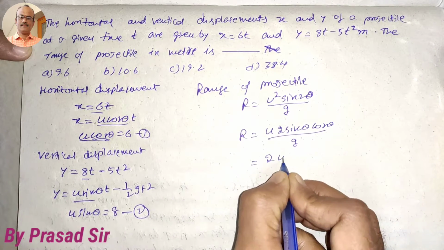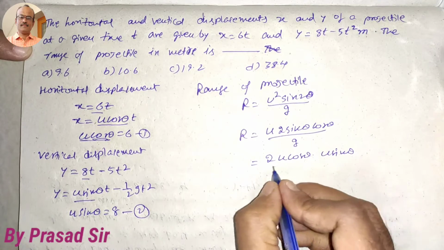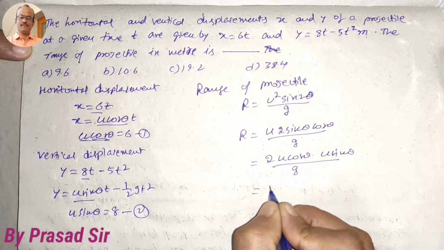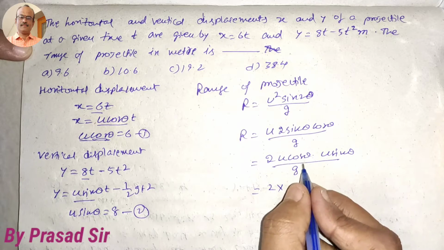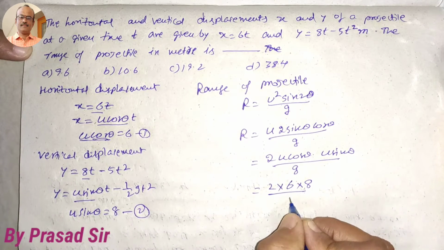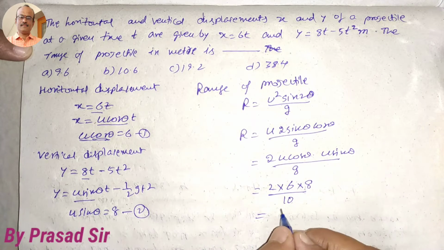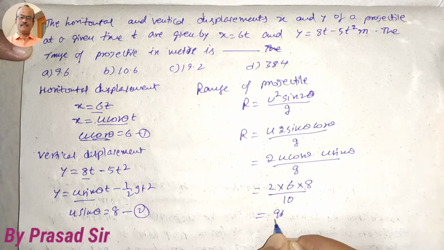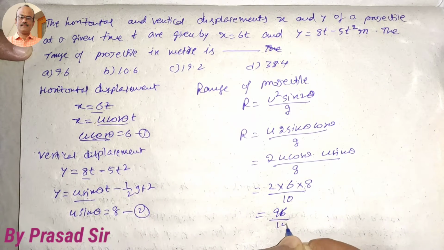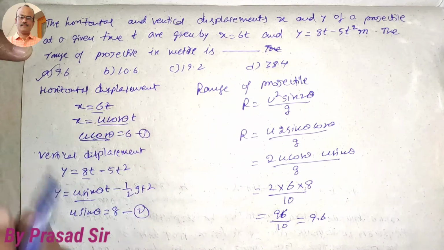This can be written as 2 u cos theta and u sin theta divided by g. 2 into what is u cos theta here? 6. U sin theta how much? 8, divided by 10. So 2 sixes are 12, 12 eights are 96, divided by 10. So which option is correct here? 9.6. Option A is correct.